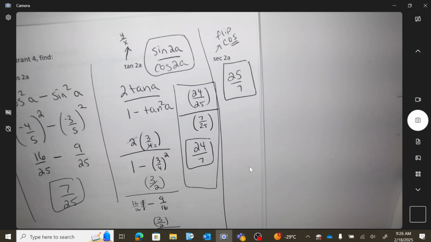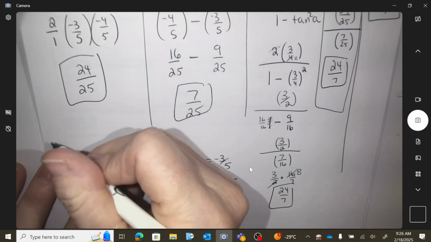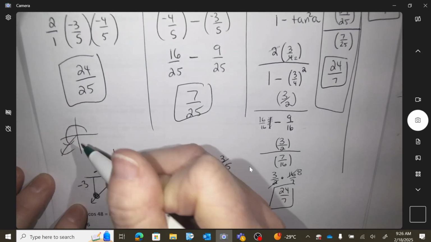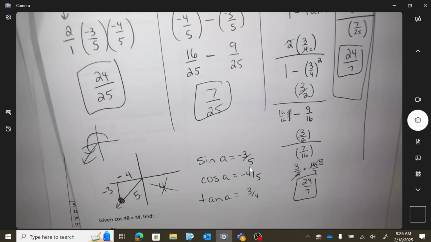Okay, do you understand that when I double this angle, so if you think about an angle that is about this big, and you double it, where do you think it might land? Which quadrant would it land in if you doubled it?